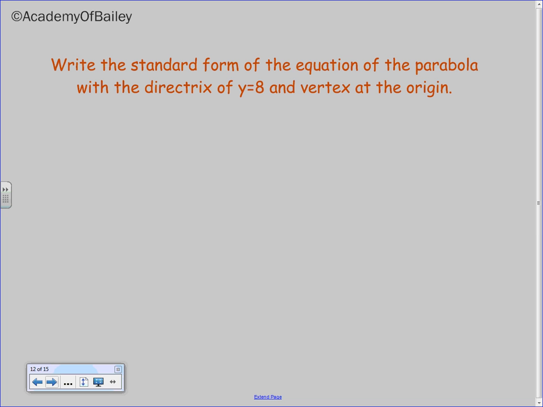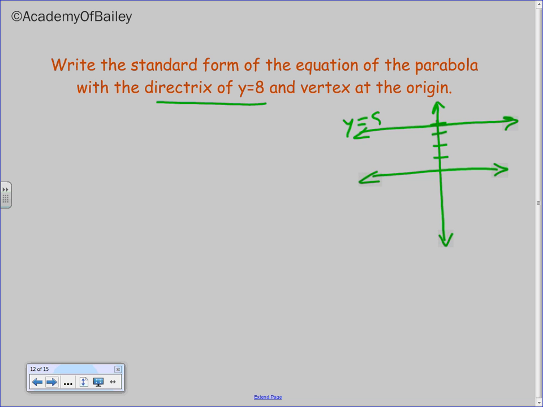This one is the same, except it gives you the directrix. So if we have a graph here, and the directrix is y equals 8, let's go 2, 4, 6, 8. We're going by 2's here. So if this is the x-axis and this is the y-axis, here's the directrix, which says y is equal to 8, and here's the vertex.